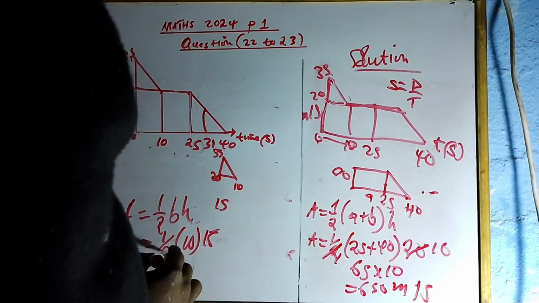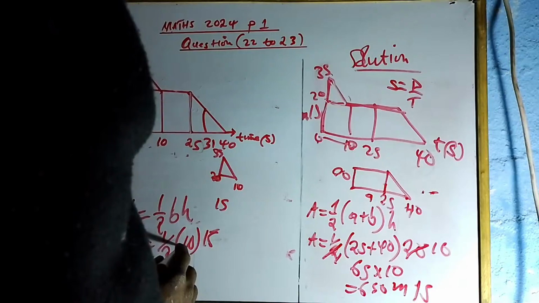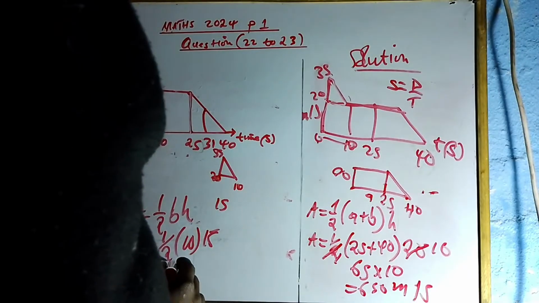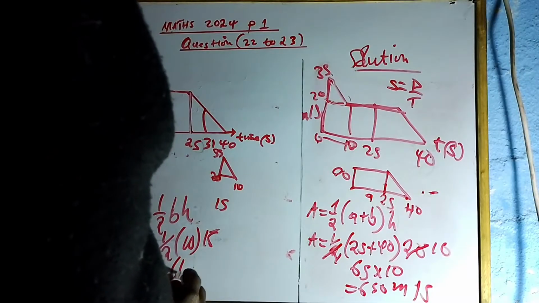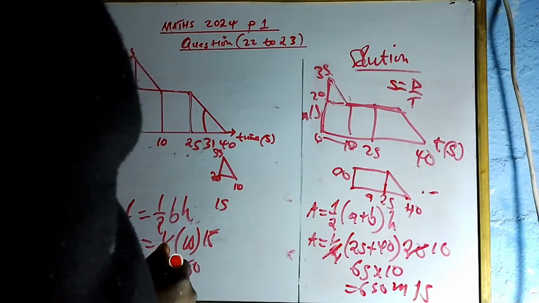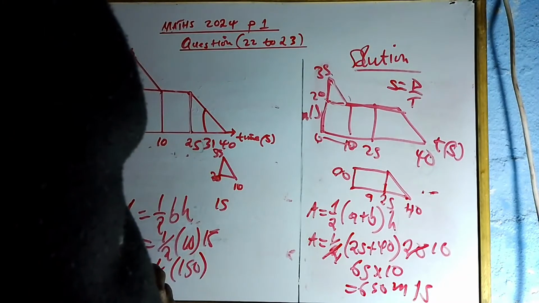Okay, then 10 times 15, you're going to have half of 150. Don't divide here before you multiply. Okay, you must multiply first, that's when you can divide.